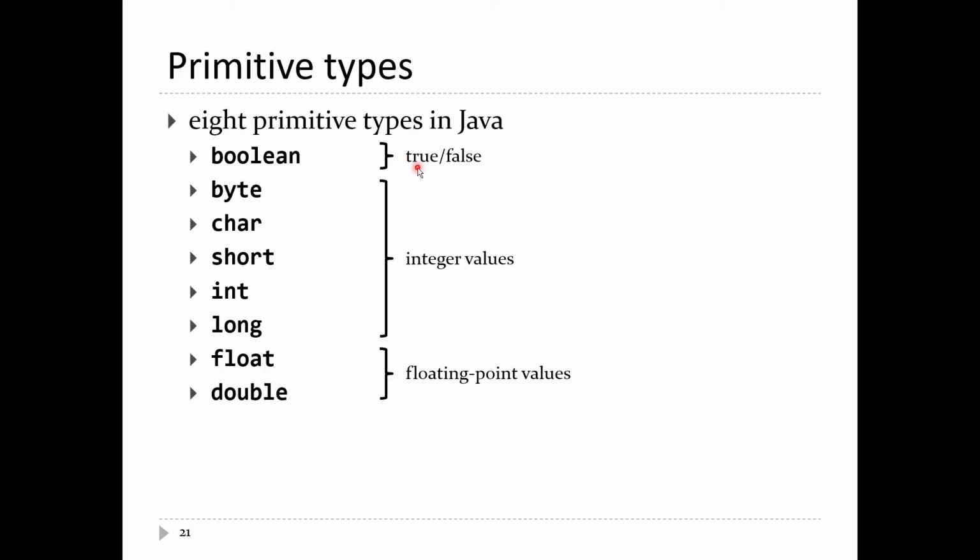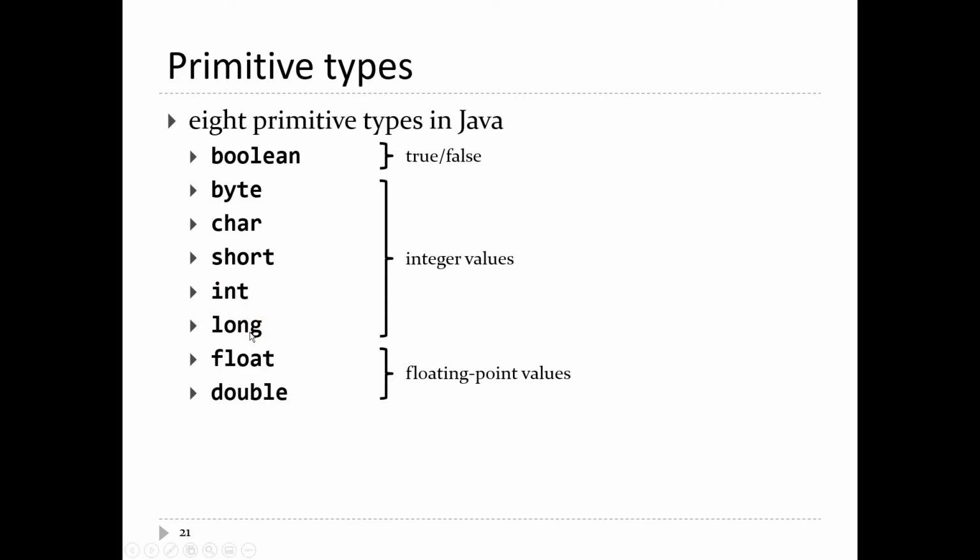So the type boolean is your type that can store a true/false value. Byte, char, short, int, and long are all integer values. And float and double are your floating point values. In Java, normally, if you need an int value, you use int. If you need bigger int values, you use long.